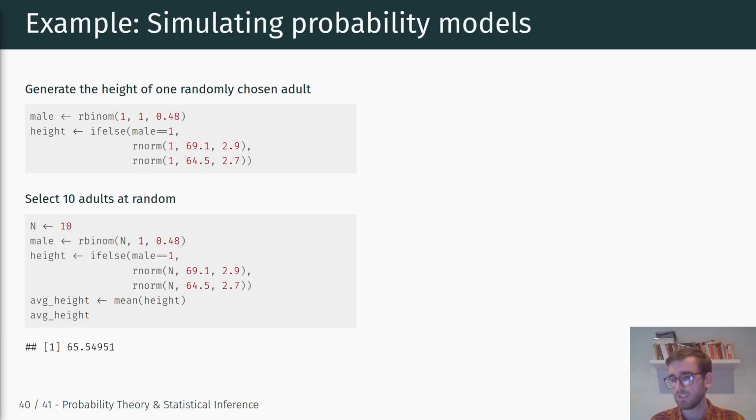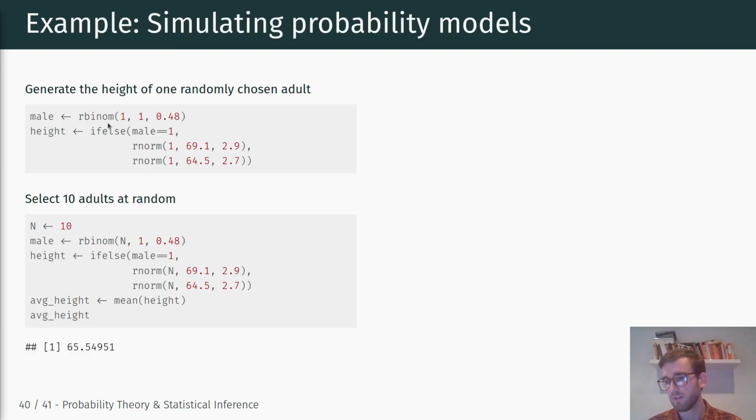Okay, so we can replicate this assumed data generating process and see how our fake data under this assumed process matches with the actual observed data.